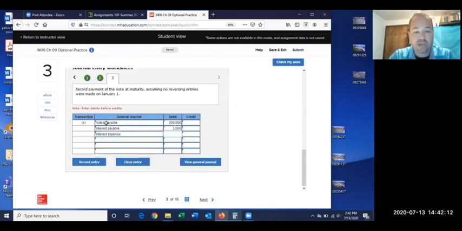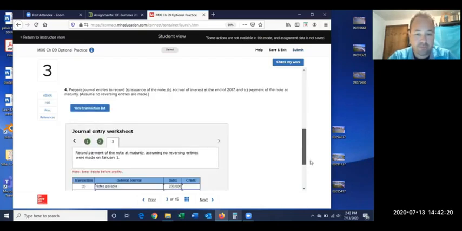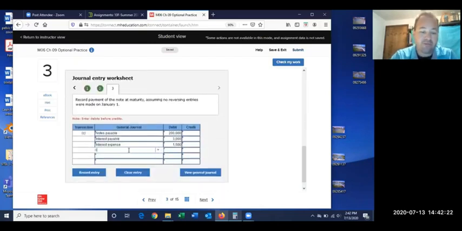And I need to show that I'm paying this year's interest of 1,500. So that's where these two numbers come into play. And then finally, I'm paying back with cash the entire $204,500.